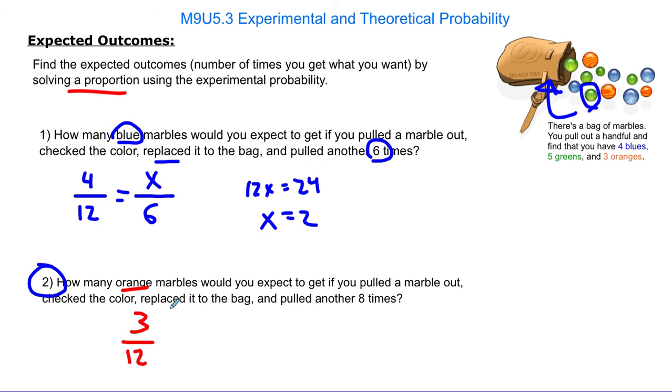And so if we want to pull one out, put it back, pull one out, put it back, 8 times, you'd expect x out of 8 should be equal to 3 out of 12. And then you can also divide this up and say, okay, this is 12x equals 24, and we should get 2 of those, right, when you divide. Great, same sort of thing.